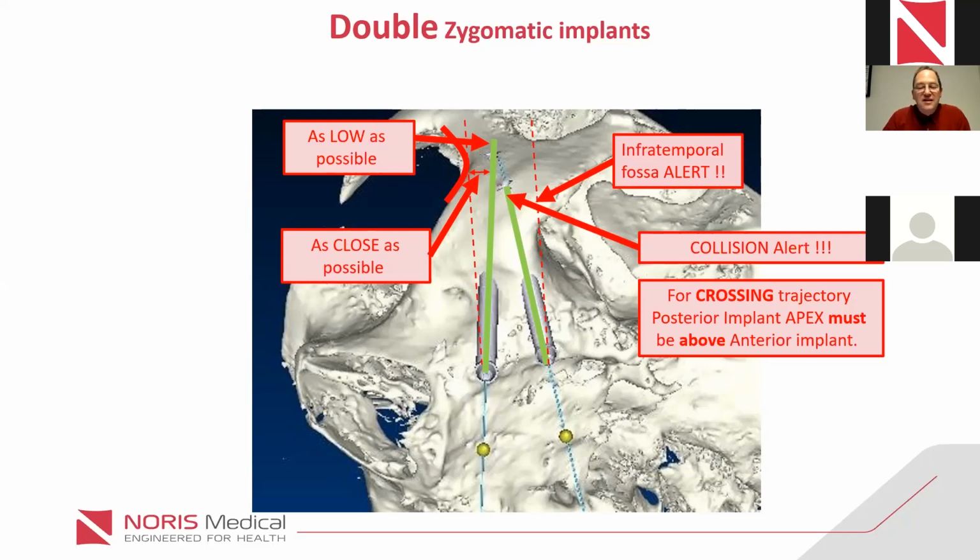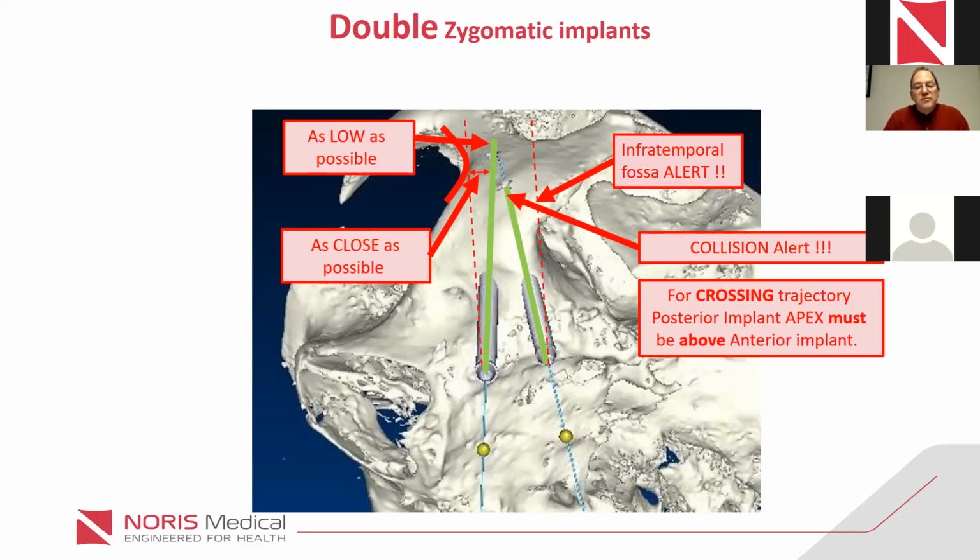So I get this question sometimes from my clinicians that want to keep the anatomy intact, and they don't want to violate the anatomy at the posterior side of the zygoma. So there's a lot of talk about bicortical stabilization from the anterior and the posterior side of the zygoma when we enter, and then when we exit the zygoma.